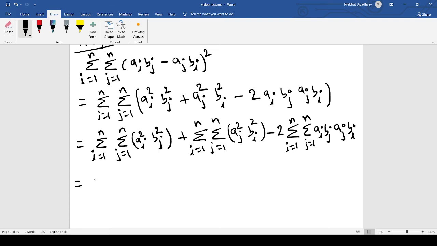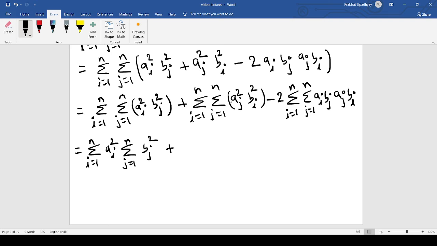So you can say this term is equal to summation of ai square, i running from 1 to n, multiplied with summation bj square, j running from 1 to n. In the same way, your second term is equal to summation aj square, j running from 1 to n, multiplied with summation bi square, i running from 1 to n.